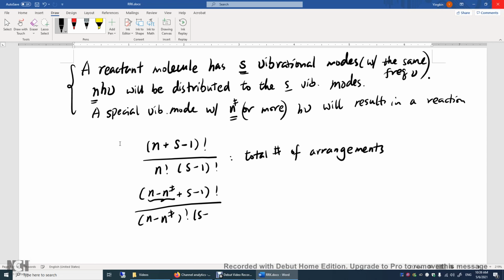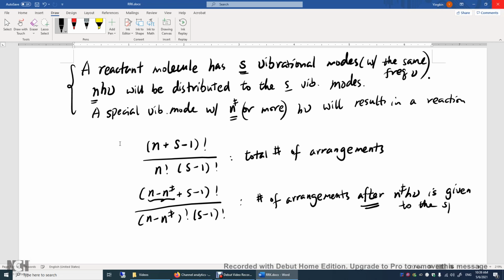The equation is this. This is the number of arrangements after n double dagger hν is given to the special vibration mode.